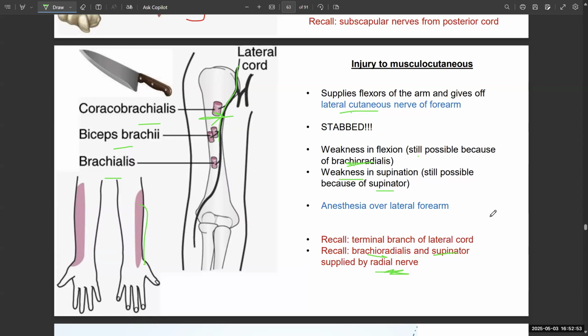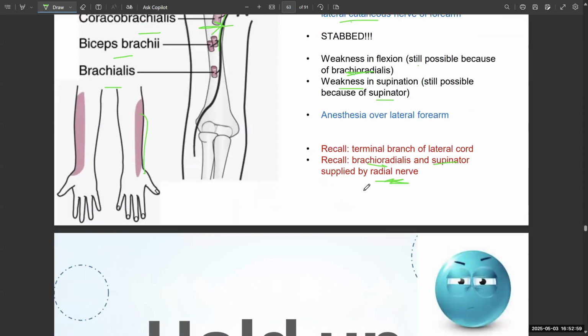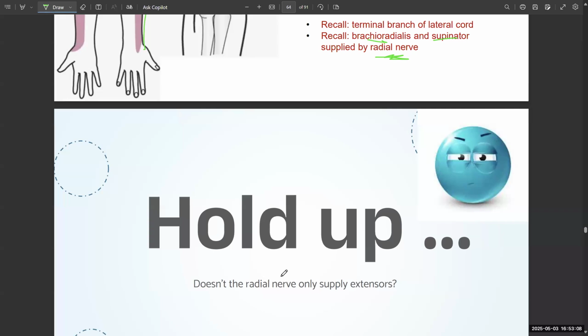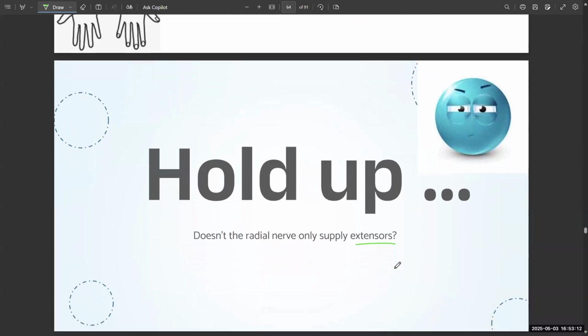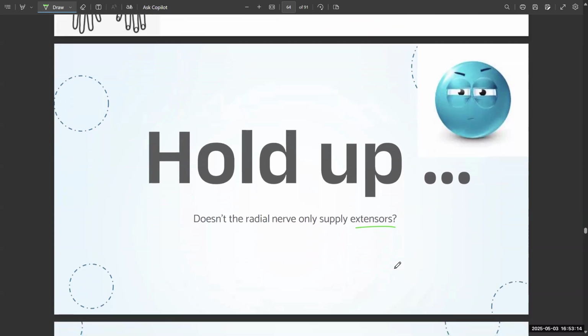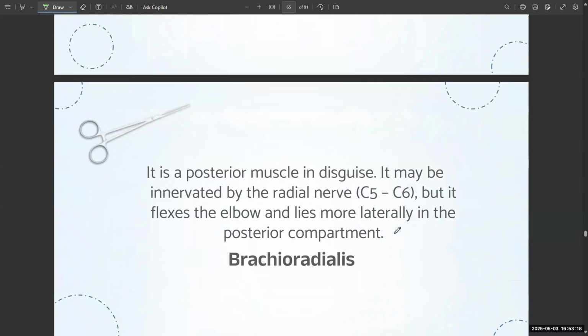Okay, now hold up. Doesn't the radial nerve only supply extensors? Why is there weakness in flexion? Because the brachioradialis is helping with flexion. Why is that? Because the radial nerve is only supposed to supply the extensors, right? Why is it supplying the brachioradialis? So let's think about that. The answer is here.